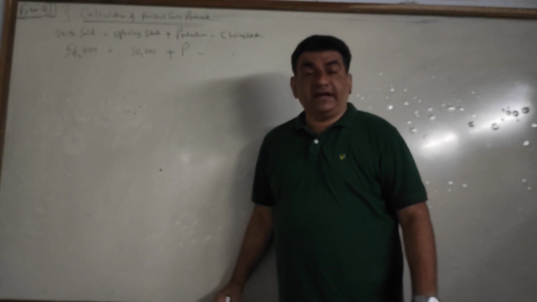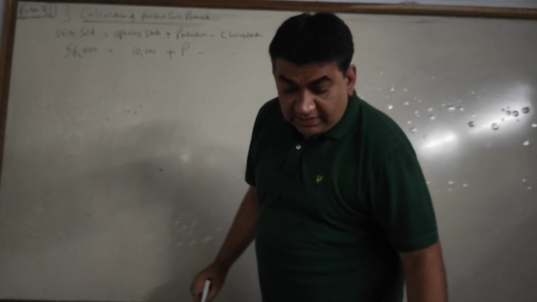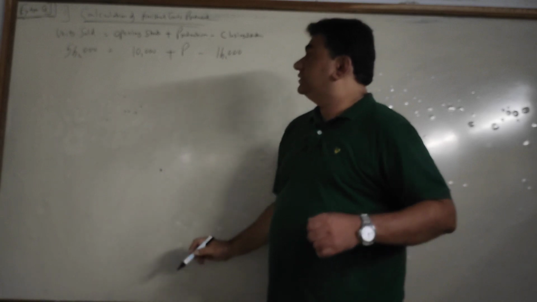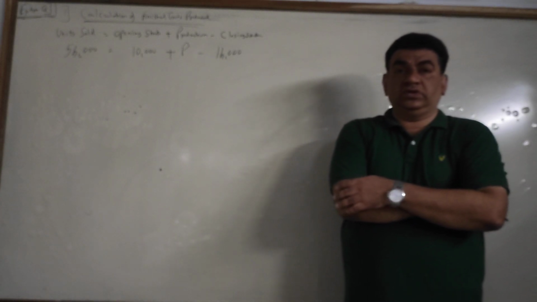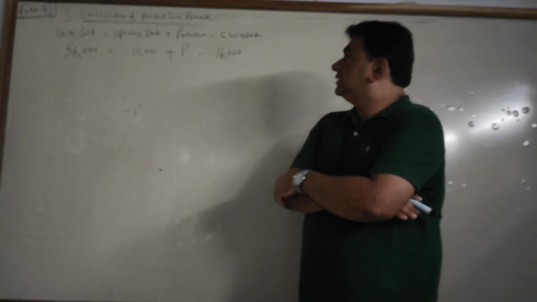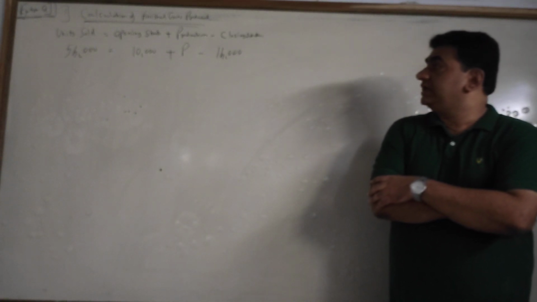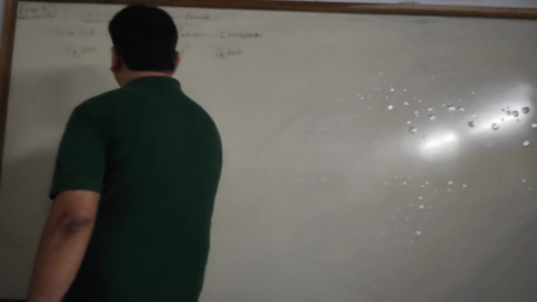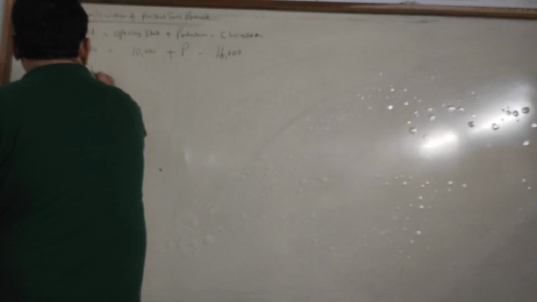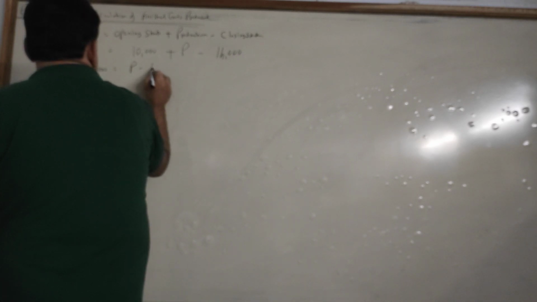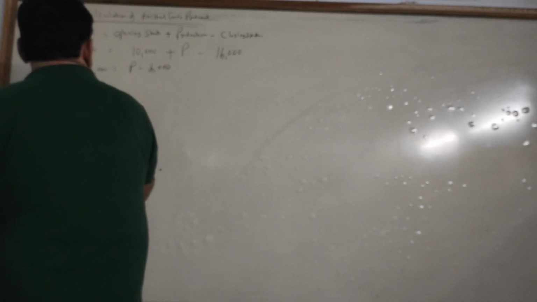Production is what we are finding out, and your estimated closing balance is 14,000. So 54,000 is equal to 10,000 plus production minus 14,000. Substitute and get: 54 is equal to production minus 4,000.